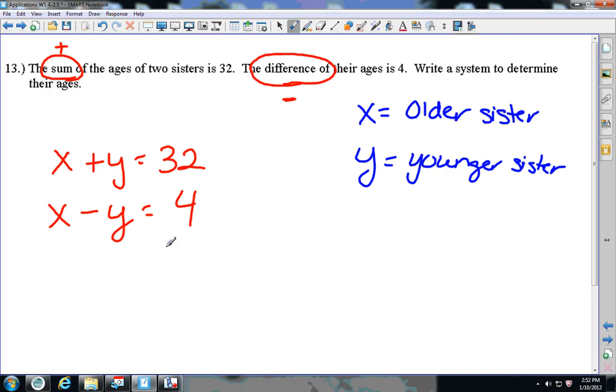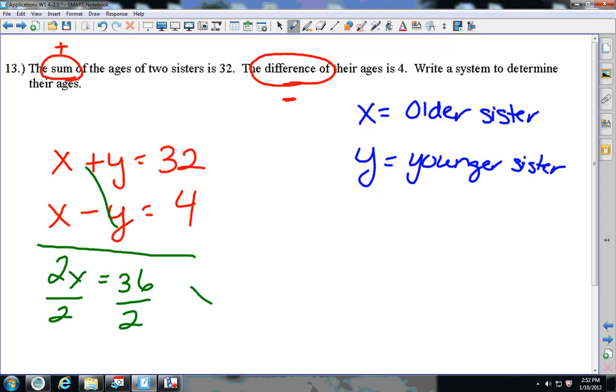If we wanted to go ahead and solve this one, if I put these together, I have 2x, the y's cancel, and that equals 36. Divide by 2, x equals 18. So the older sister is 18.